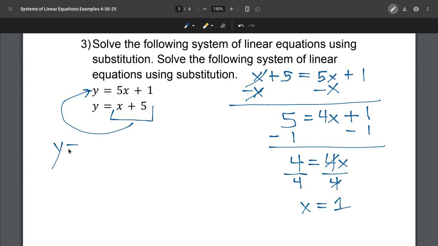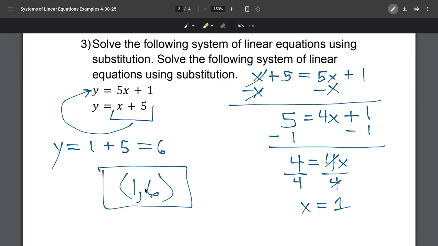It is easy to go for this one. So y equals 1 plus 5, which is 6. So my solution here is 1, 6. You want to check by putting back in. So does 6 equal 5 times 1 plus 1? Yes. Does 6 equal 1 plus 5? Yes.